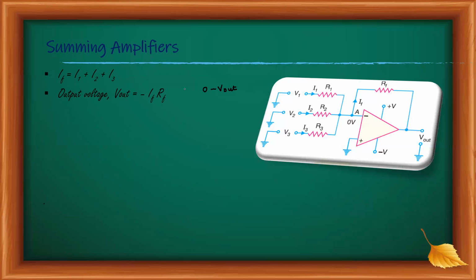Then the current through this must be equal to 0 minus V out divided by RF, that is, minus V out divided by RF. So V out is equal to minus IF RF. Is it clear? Then in the place of IF, we substitute I1 plus I2 plus I3.